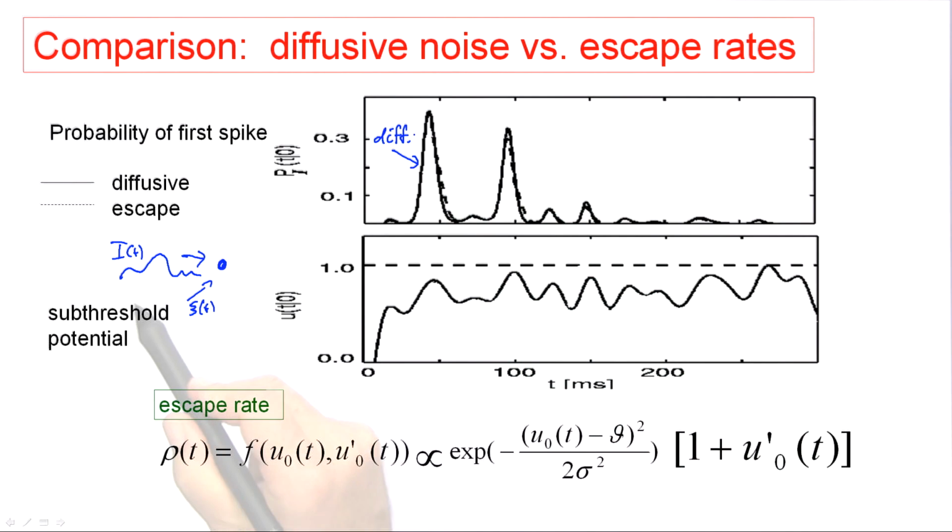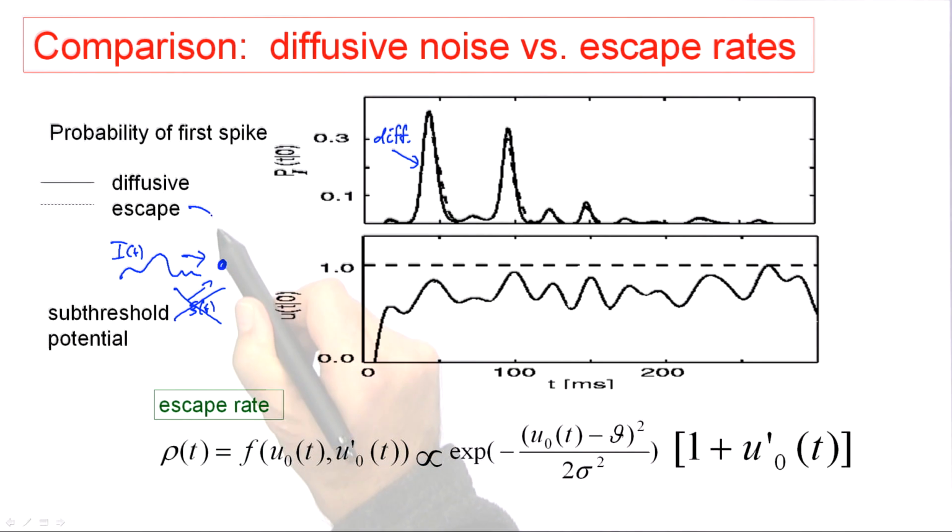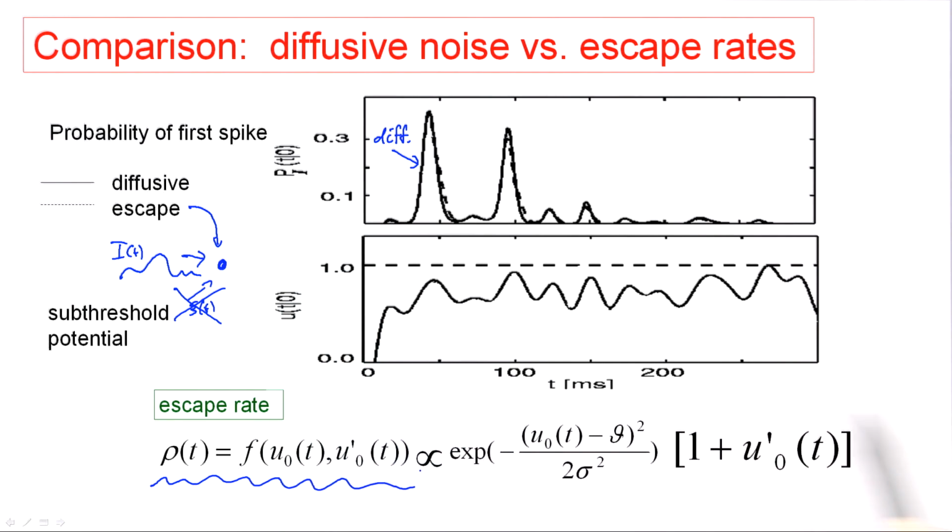But now we can inject the same deterministic current without the noise and add escape noise instead, with an escape rate given by the formula that I indicate with a 4. And if we do this, we find again a time-dependent interval distribution, which can be calculated, and it's the dashed line.